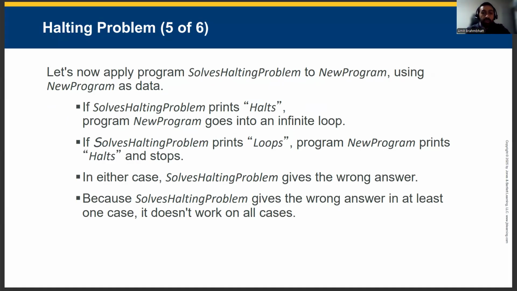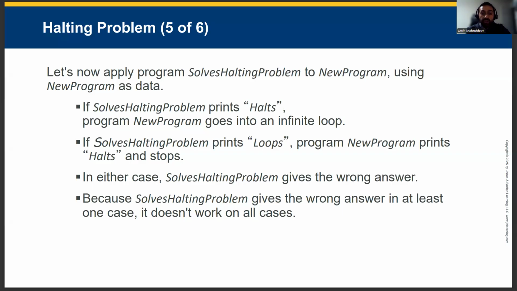We now feed the new program into solves halting problem as both its program and its data. Two outcomes are possible and both lead to illogical results. First, if solves halting problem outputs halts, then new program must loop forever, but that means the solver's answer is wrong.